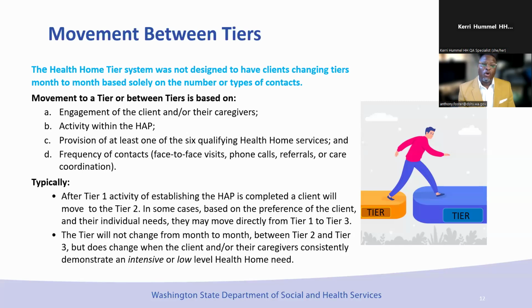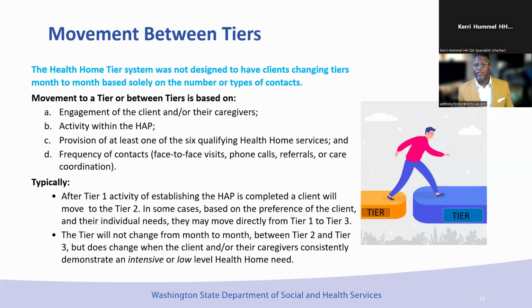The movement to a tier or between tiers is based on the engagement of the client and/or their caregivers, activity within the health action plan, provision of at least one of the 6 qualifying health home services, and frequency of contacts, whether it be face-to-face visits, phone calls, referral, or care coordination.